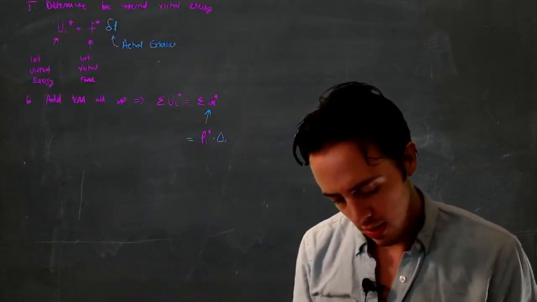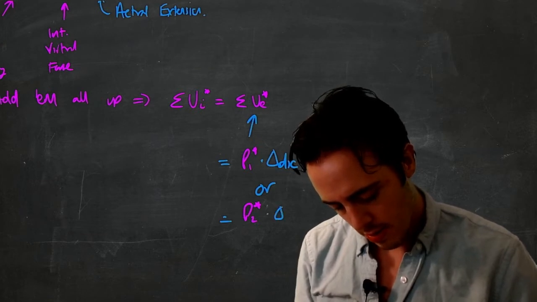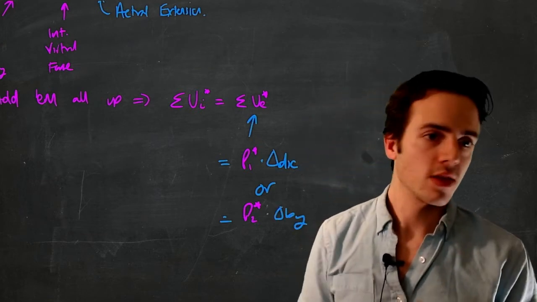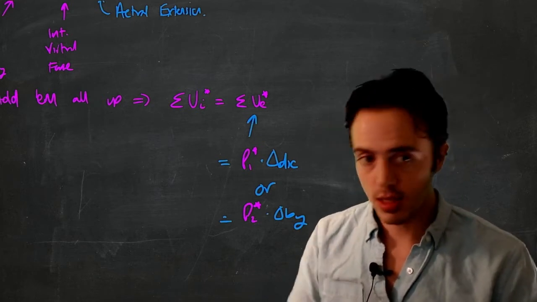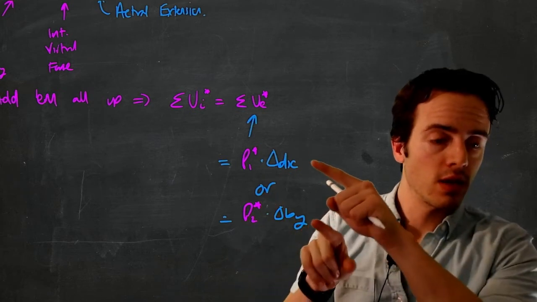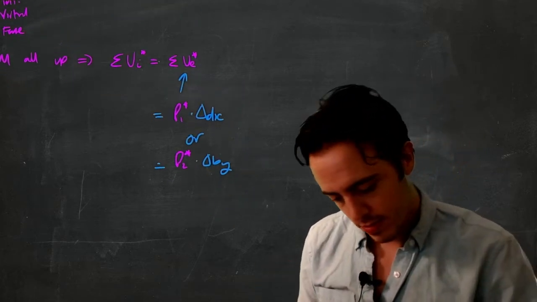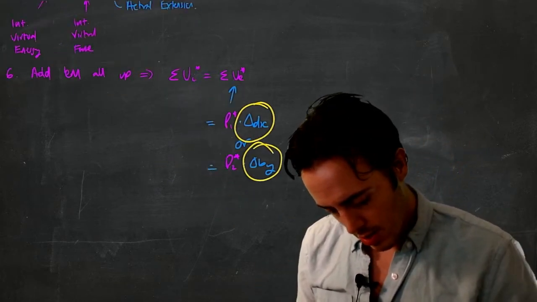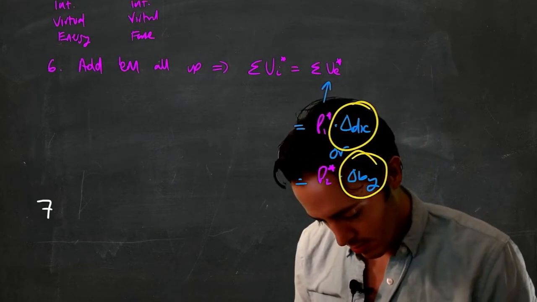So this would be delta dx, or P2 multiplied by delta, depending which force you've actually applied. And then because we choose P1 and P2 to be 1 Newton, the sum of internal virtual energy is just equal to the displacement that we care about. So hence we can solve for that, and then we've got the answer that we want.